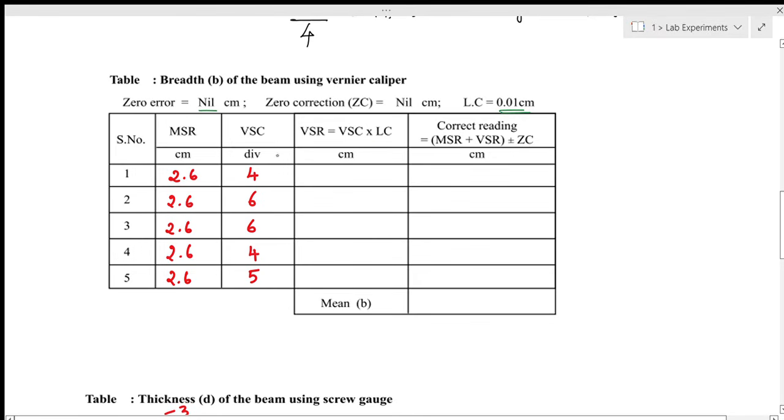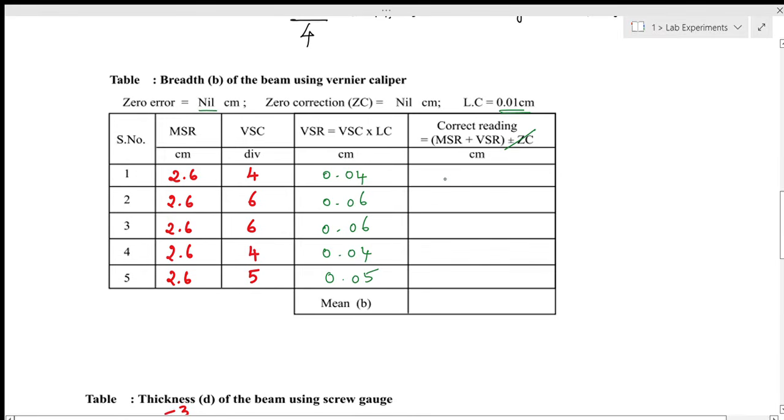So VSC into LC is 4 into 0.01. I get 0.04. Here 0.06, 0.06, 0.04, 0.05. Then corrected reading is MSR plus VSR plus or minus zero correction. We do not have any zero correction.